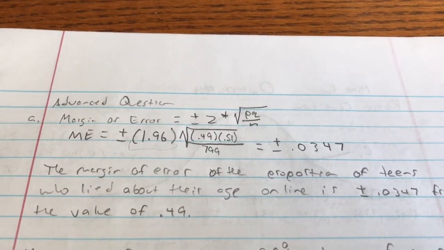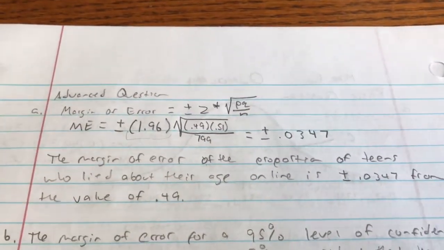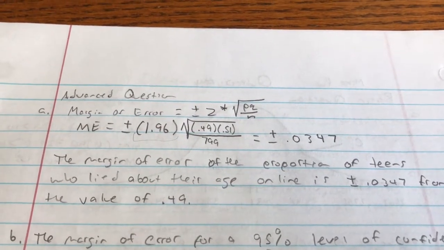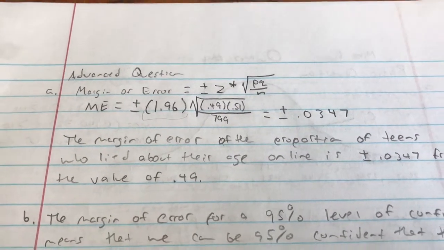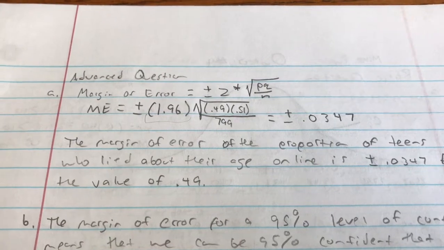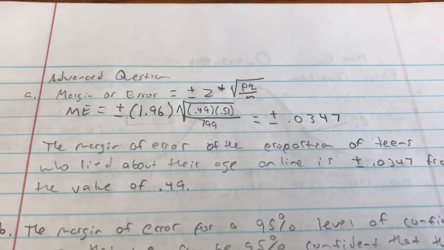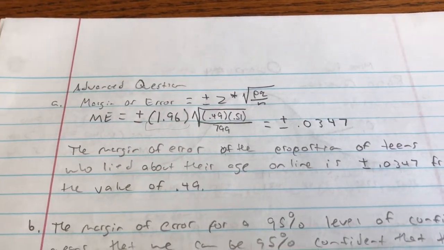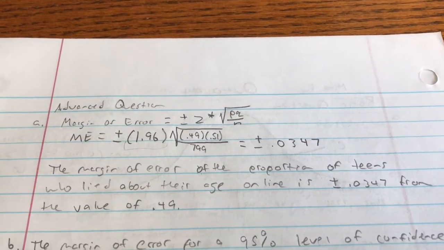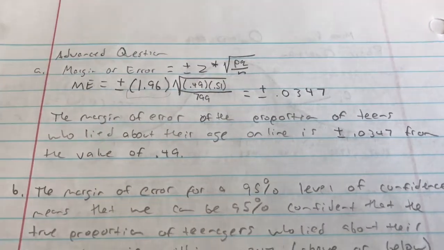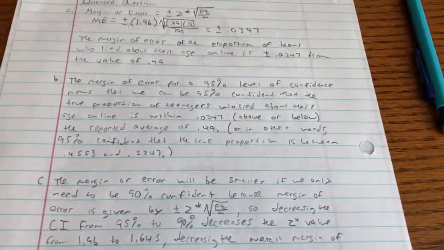If you plug in 1.96 for your z, which is the z value when creating a 95% confidence interval, and you plug in 0.49 as your probability of success, q as 0.51, your probability of failure, and note your sample size is 799, you get about 0.0347 above or below the measured proportion of 0.49. So part B says explain in context what this means.